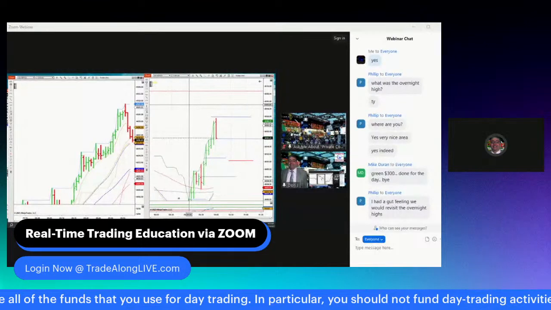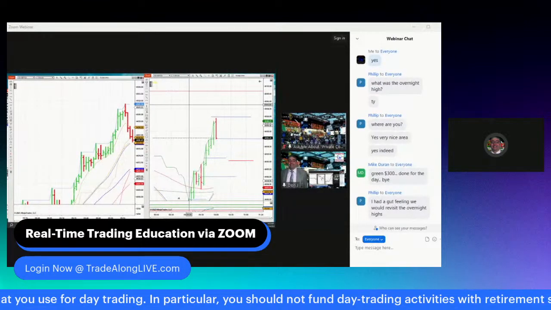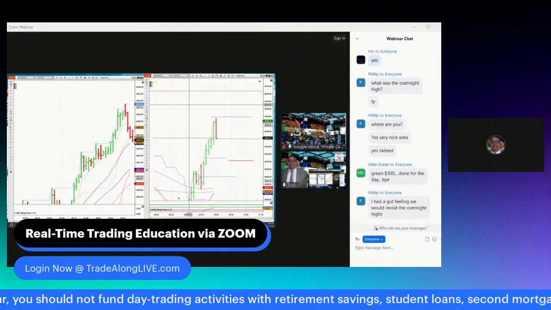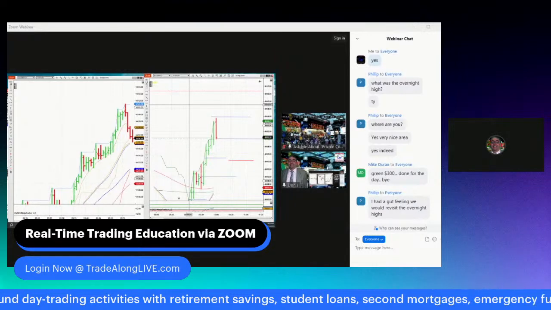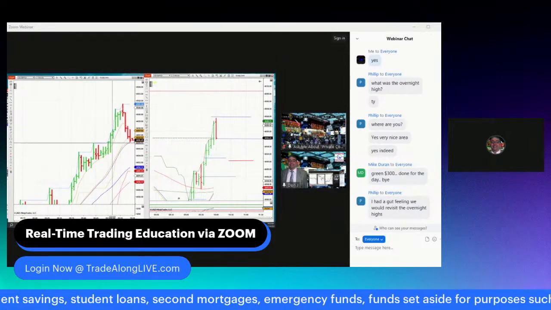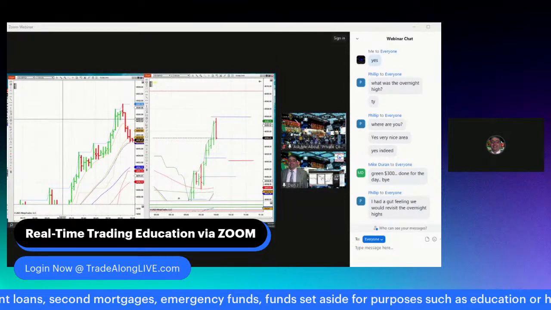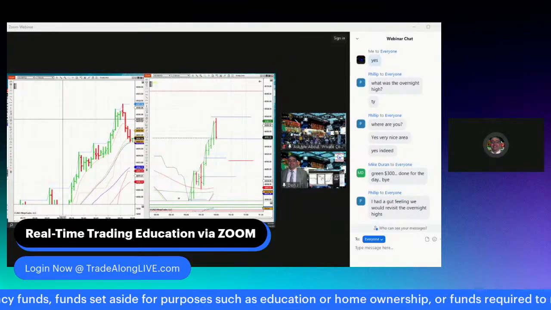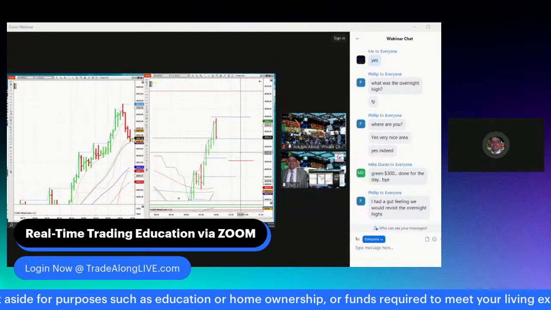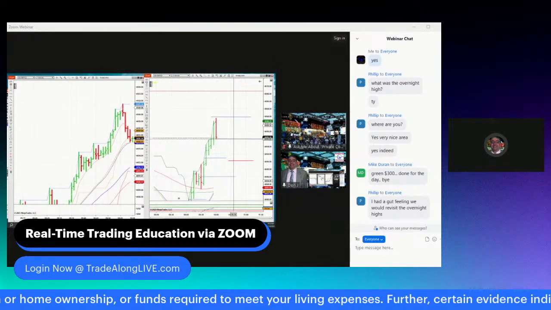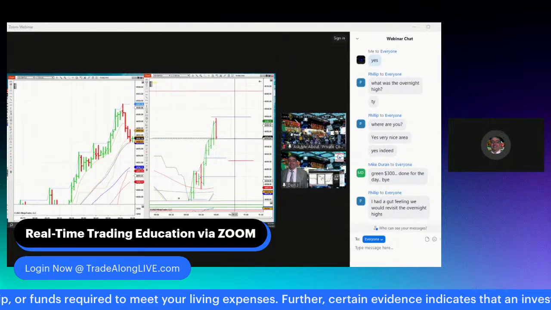Coming down into that 96. I'd like to see it rotate all the way back to the 90 area, all the way into this zone here. But doesn't have to. We've got a little support there.